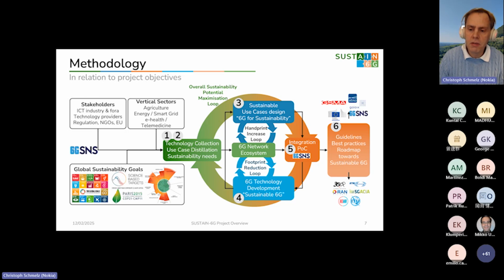And finally, something which is very important, which I mentioned already beforehand, you cannot look at let's say a handprint or a footprint, or you cannot look at a vertical ecosystem and the communication ecosystem separately, because in the end, sustainability needs an end-to-end perspective. So really from the device, through the communication infrastructure, through the service infrastructure, to the vertical application.